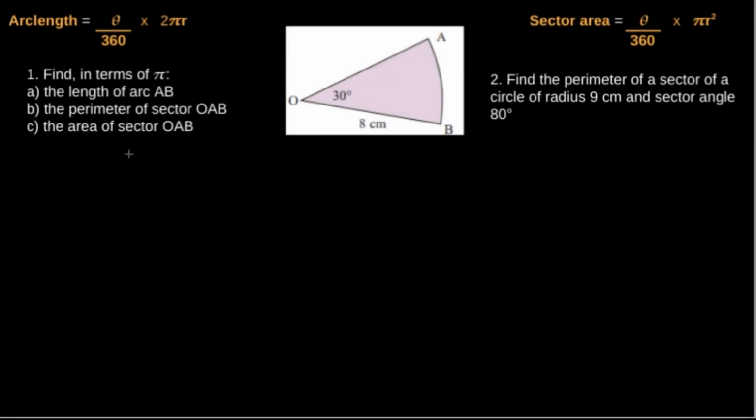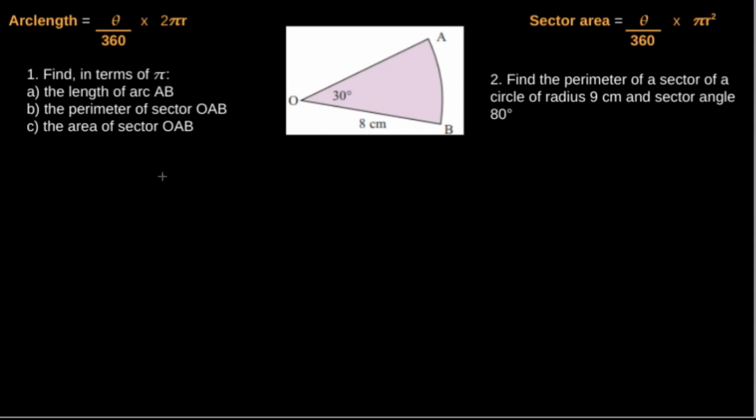To the next part of the video, I'm going to try out just one of this and then you'll try out the rest. Now this says find in terms of pi the length of arc AB, and this is the diagram we have right here. So you're not meant to change your pi to 3.14 or 22/7. You leave pi as it is because your answers should be in terms of pi. And this is straightforward. The length of arc AB, just use the formula theta over 360 times 2 pi r.